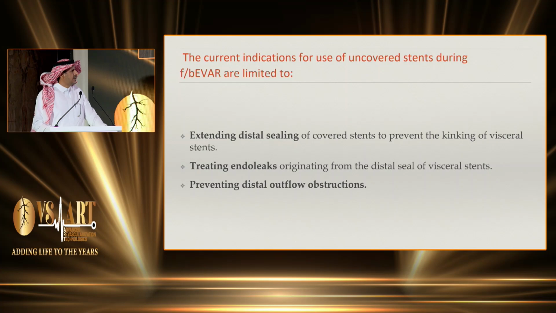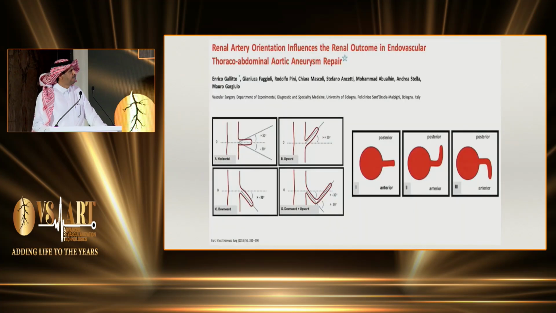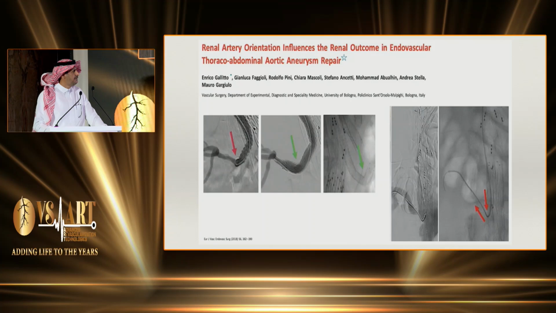We can use the peristent for extending the distal sealing, treating endoleaks, or preventing distal outflow obstruction. The target branch can be horizontal, upward, downward, or tortuous, and what we usually deal with is self-expandable, which has good trackability and can be deployed properly in a tortuous vessel.